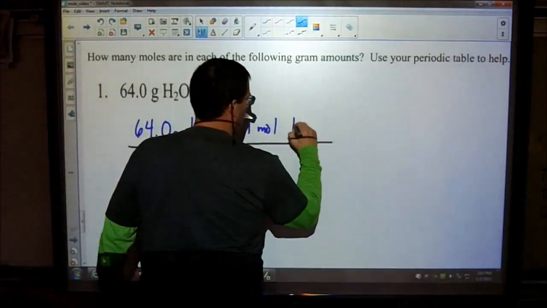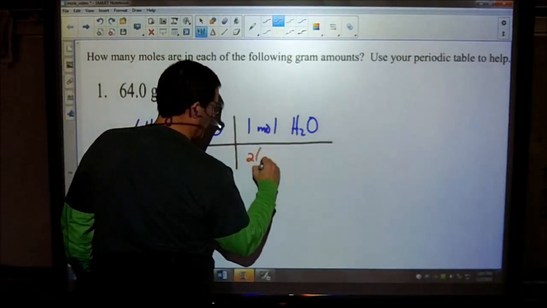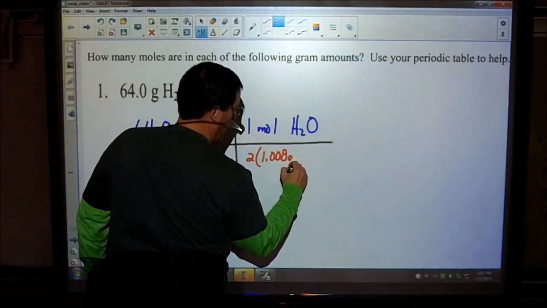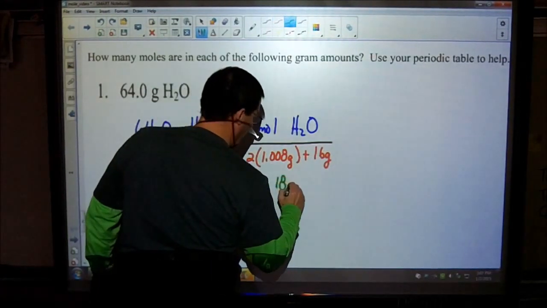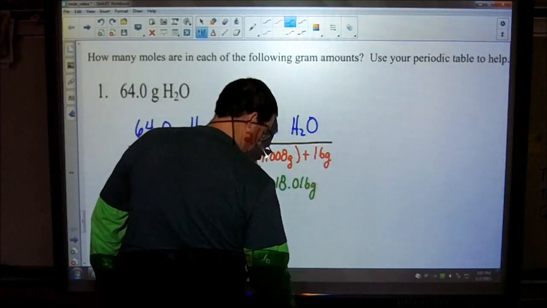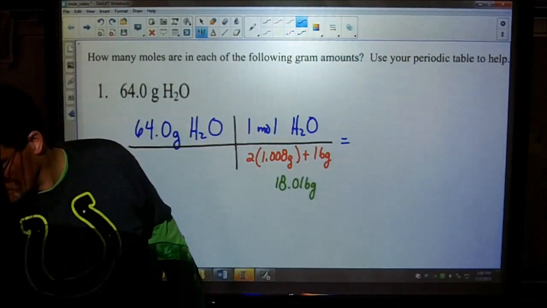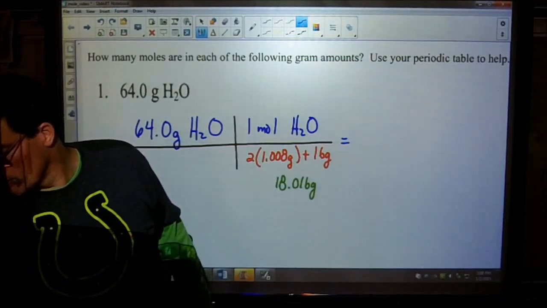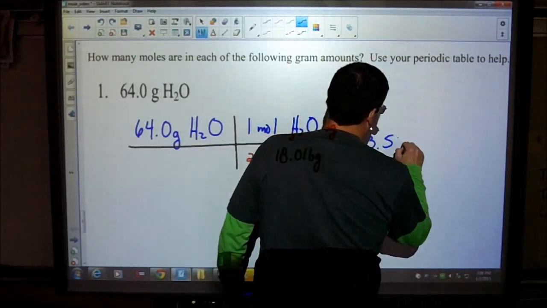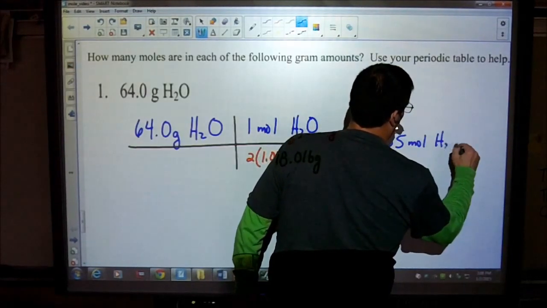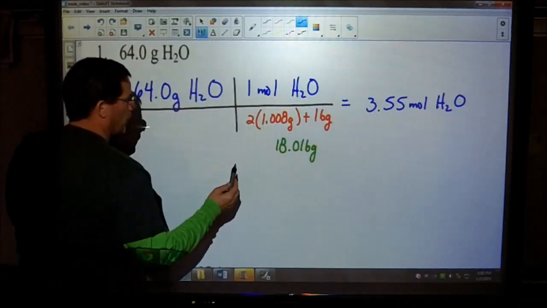So to find the molar mass for that, you have 2 hydrogens, 1.008, plus you have 1 oxygen, and that whole thing weighs 18.016 grams per mole. And so when I take 64 divided by 18, my calculator gives me 3.55 moles of water.